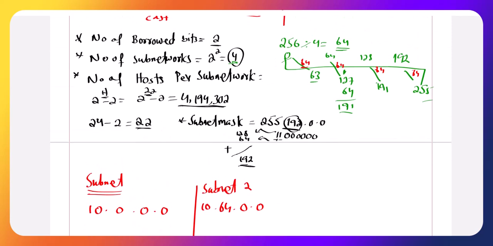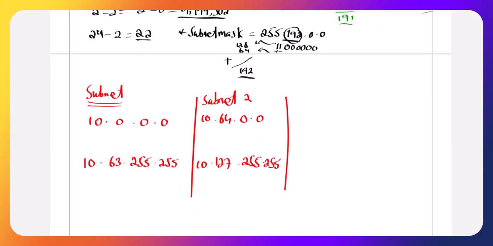Subnetwork 2: 10.64.0.0 to 10.127.255.255. Okay, don't be confused. The 0 from 0 to 63 is from here, and 64 to 127 is from there.